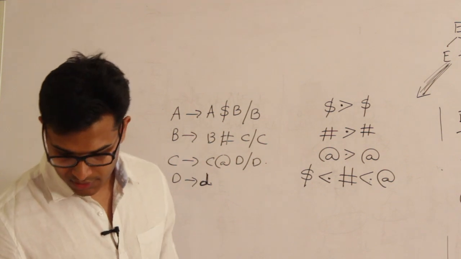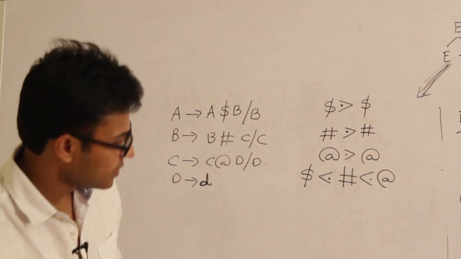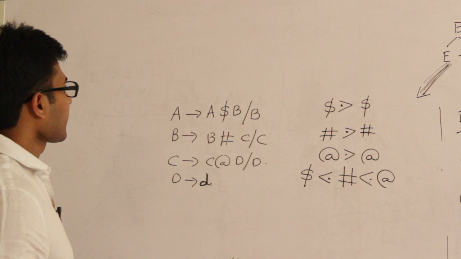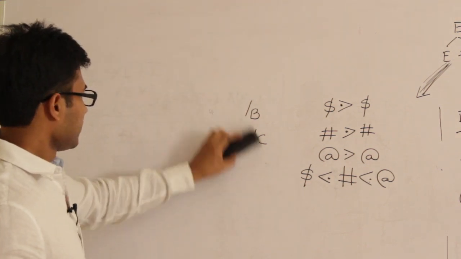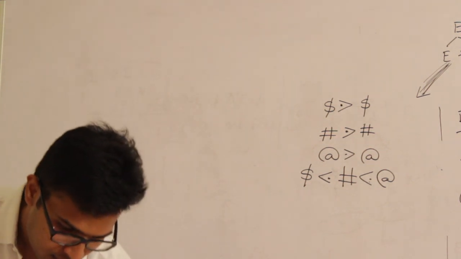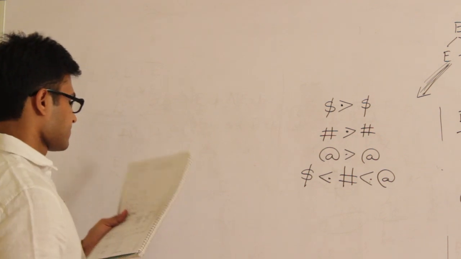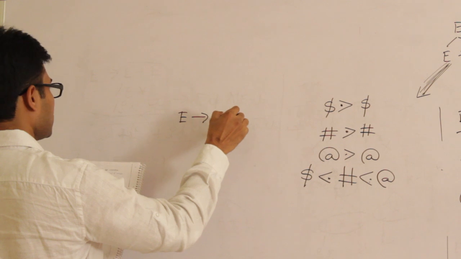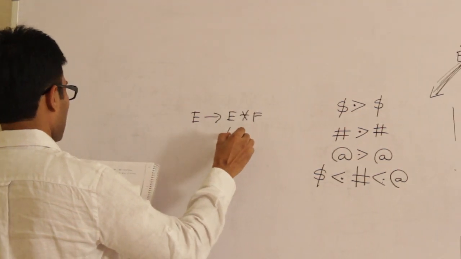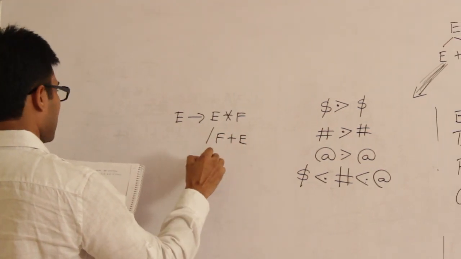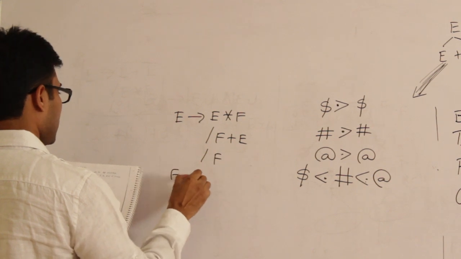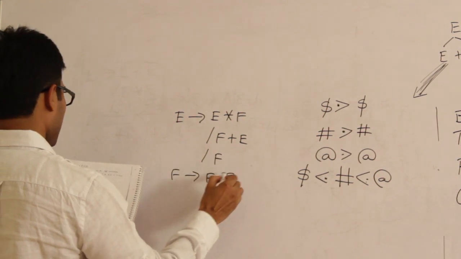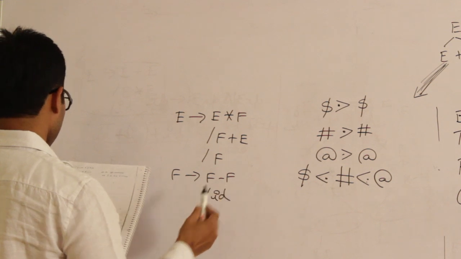Now one of the GATE questions is this. Given this grammar, E derives E star F plus E, or F derives F minus F or ID.